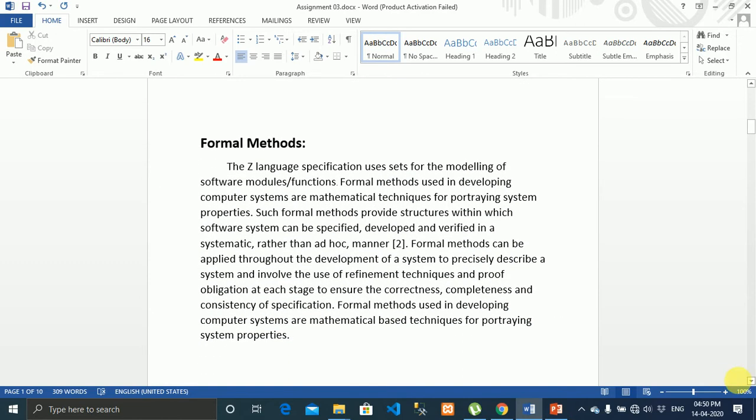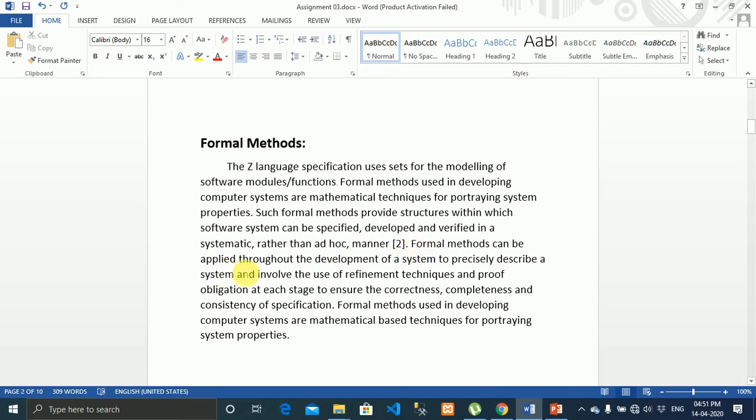The Z language specification uses sets for modeling software modules, and functions. Formal methods are mathematical techniques for portraying systems. Software systems can be specified, developed and verified in a systematic rather than ad hoc manner.